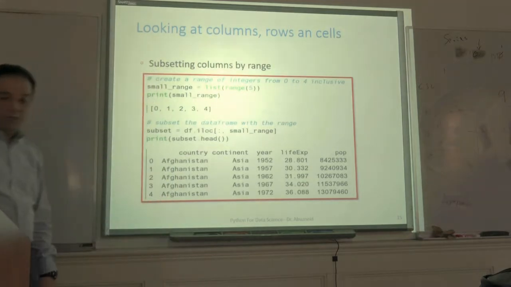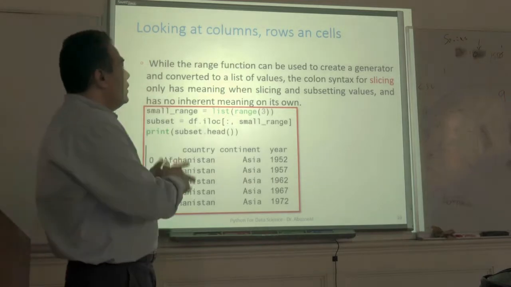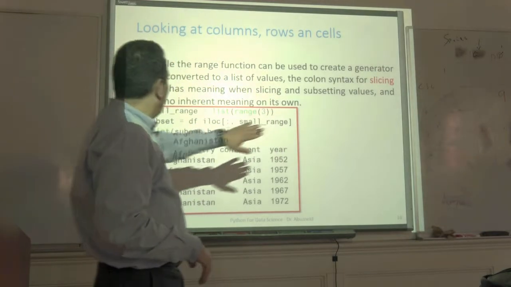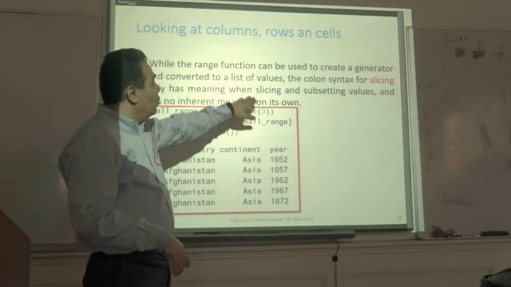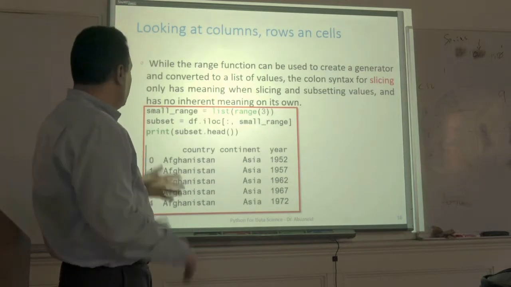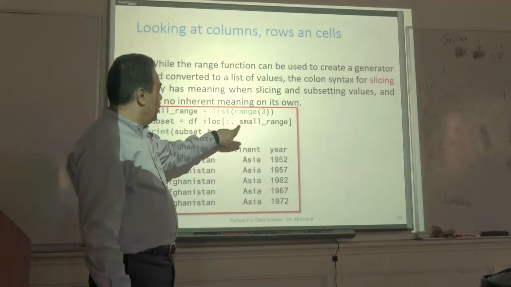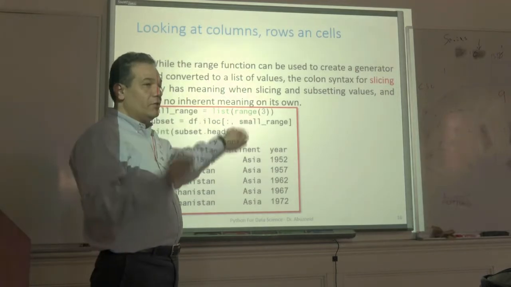And so on and so forth. So while the range function can be used to create a generator and convert it to a list of values, the colon syntax for slicing only has meaning when slicing and subsetting values and has no inherent meaning. So in here also, 3. Okay, so in here, when I say range of 3, I have 3, yes.